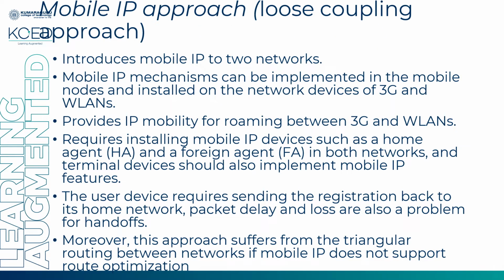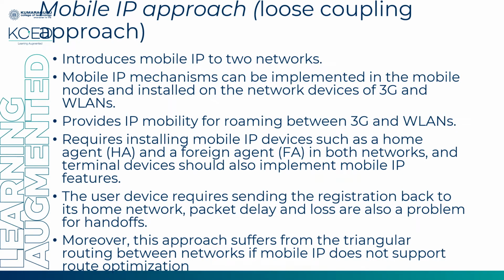First, let's see the mobile IP approach. This mobile IP approach is called loose coupling. We have already seen what mobile IP is. In case of mobile IP, it handles roaming between different networks. So you are roaming from your home network to a foreign network. We saw that we'll have a home agent and a foreign agent.